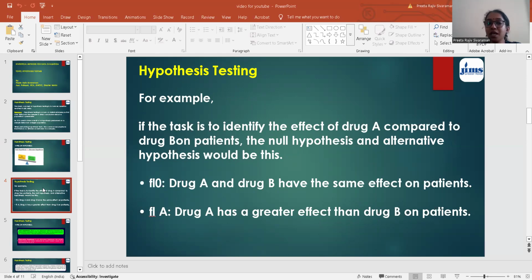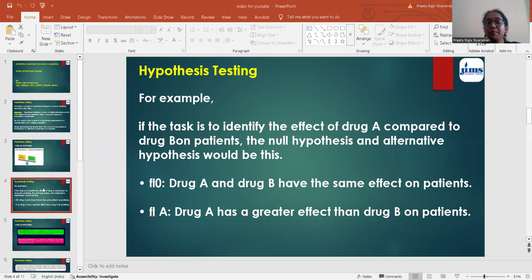The notation for the null hypothesis is H0 and the alternate hypothesis is HA or H1. The null hypothesis states that drug A and drug B have the same effect on the patients, and the alternate will be that drug A has a greater effect than drug B on patients, or drug B has a greater effect than drug A on patients.